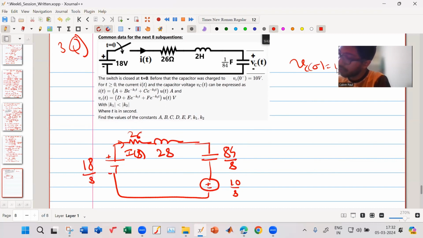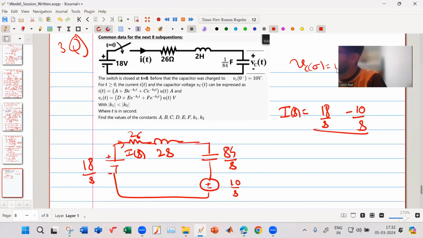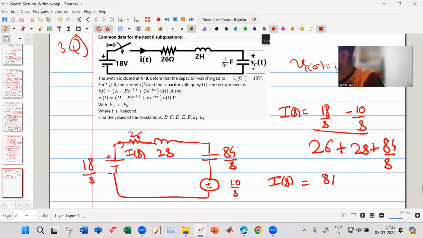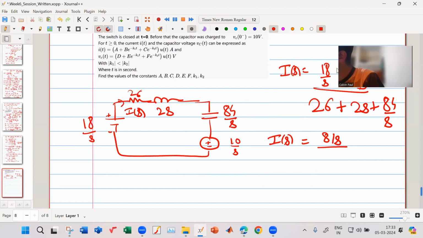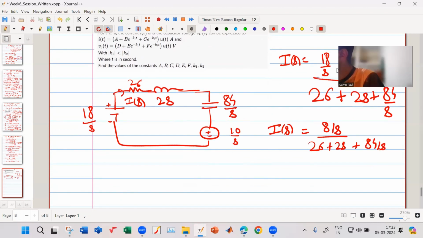Now, how will we solve? So we get I of S is equal to this voltage minus this voltage, that is 18 upon S minus 10 upon S, divided by the total impedance, that is 26 is the resistance plus 2S plus 84 upon S. So I of S comes out to be 8 upon S divided by 26 plus 2S plus 84 by S. So my I of S comes out to be equal to 8, S goes in the denominator.